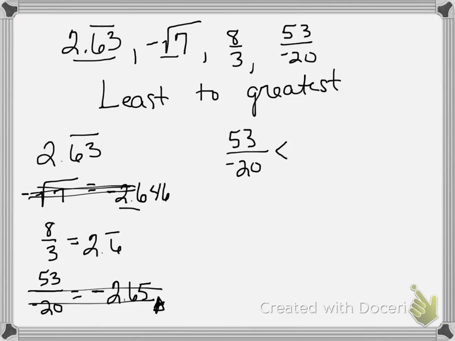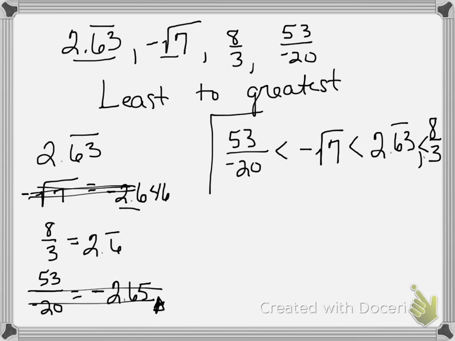So it's going to be the negative square root of 7, which is less than, okay, which of these is smaller, 2.63 or 2.6 repeating? That would be the 2.63. And then next, I've got 8 over 3, which is equal to 2.6 repeating. So now I have listed my numbers from least to greatest. 53 over negative 20 is less than the negative square root of 7, which is less than 2.63 repeating, which is less than 8 over 3.